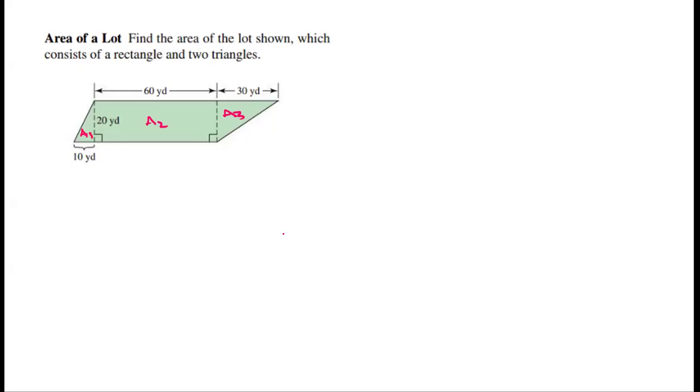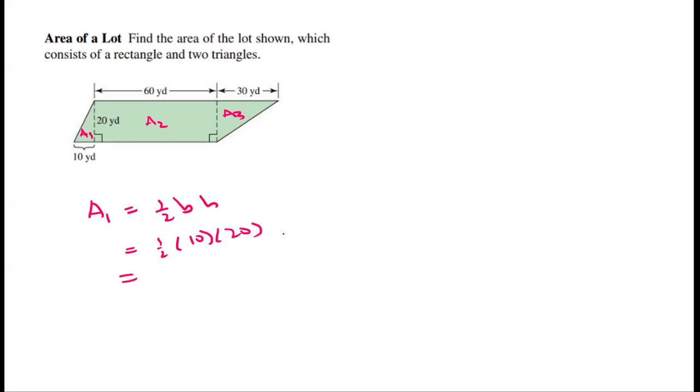So for A1, we know that this is a triangle, so the area is 1/2 times the base times the height, correct? Let's plug that in. So we get 1/2, the base is 10 yards, and then the height is 20.